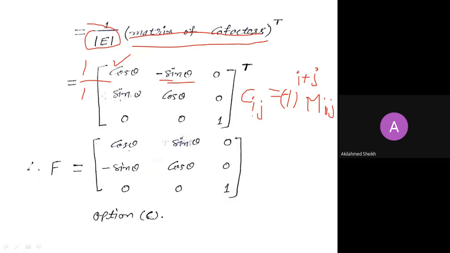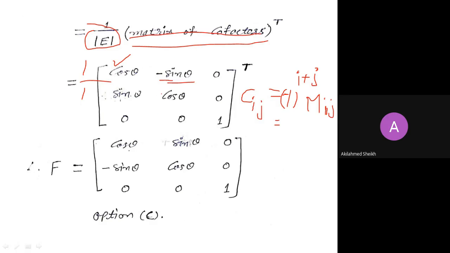So these are minors, and multiplying them with minus 1 raised to the power of their position, that is i plus j, rows plus column, we get these terms.